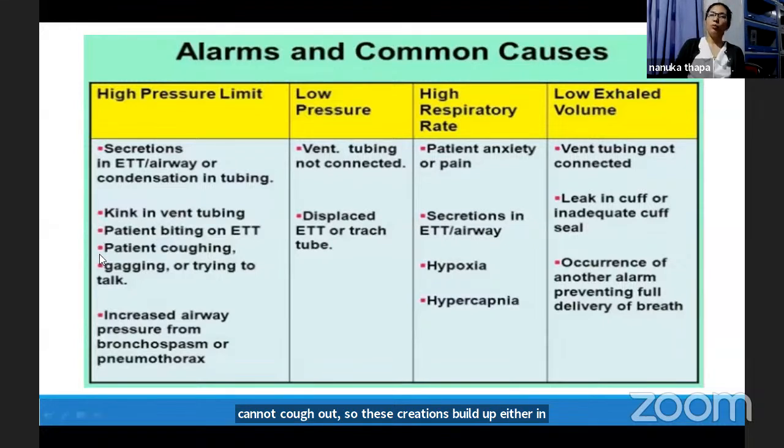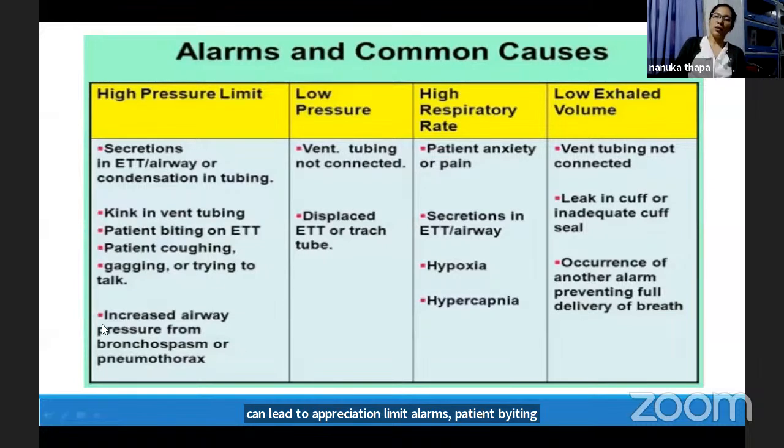Any kink in the tubing can lead to high pressure limit alarms. Patient biting can decrease the cross section of the ET tube and thereby increase the pressure. Patient coughing, gagging, or trying to talk can also lead to these alarms.